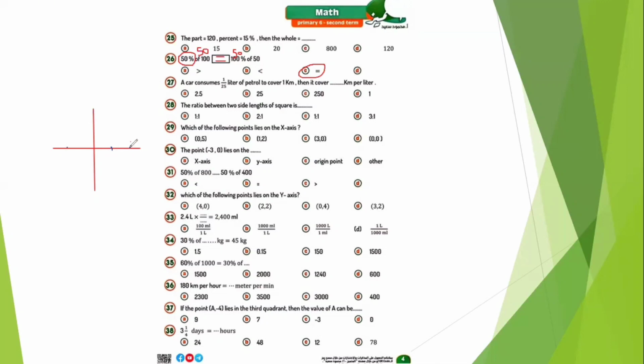Here, this could be 2 and 0. And this could be, for example, -3 and 0. So always the value of y is 0 because you don't go up or down. So you have to search for the point where the value of y is 0, which is 3 and 0.